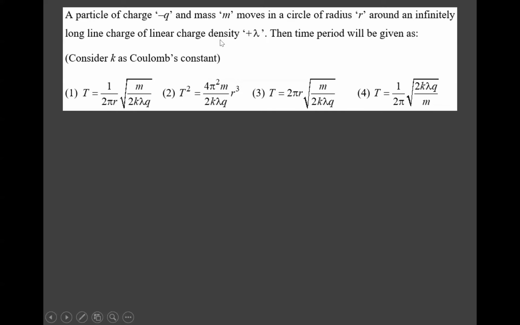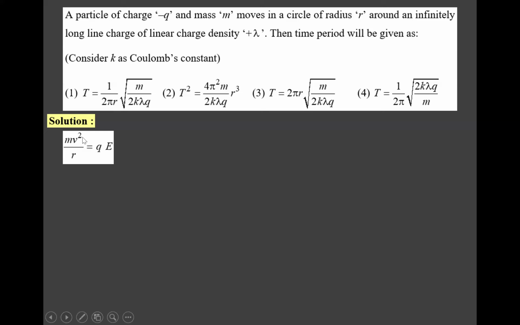And we have to find out the time period for the revolution of this charged particle. So here the required centripetal force, mv square by r, will be provided by this attractive force by the line charge distribution. So if the electric field in the surrounding of this distribution is E, then the force on charge q is qE, which will provide the required centripetal force.